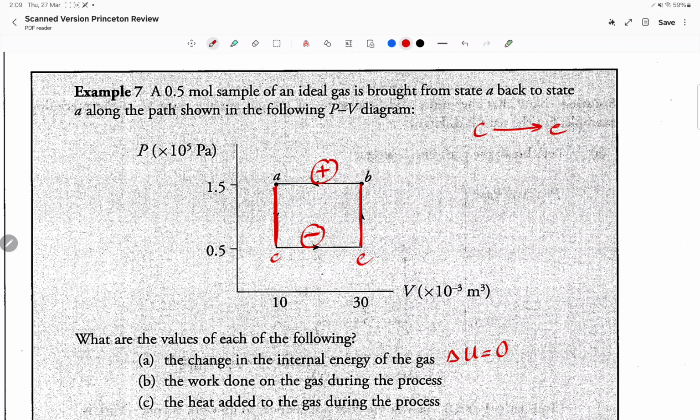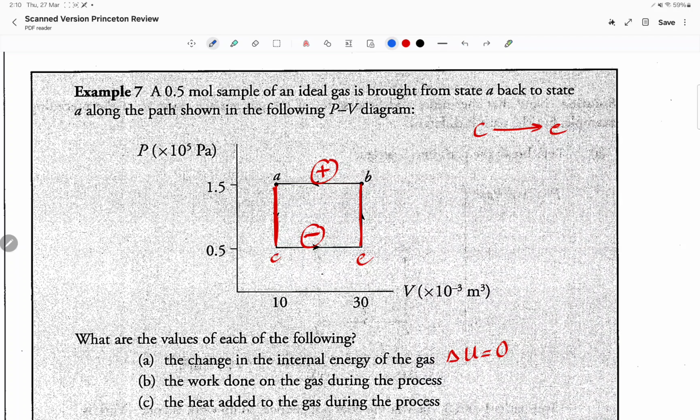C to E is only this area. But A to B is the whole thing. So B to A has more area. And since B to A is a positive work, that means our work has to be in the end positive.